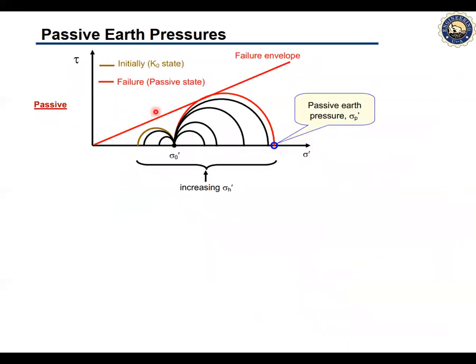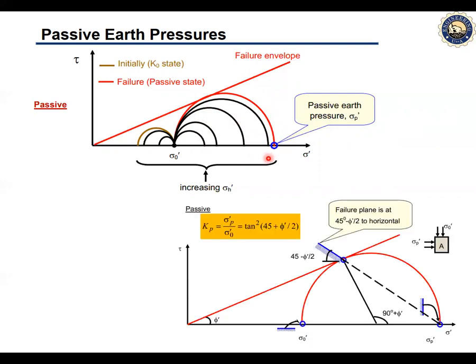On the other hand, for the passive earth pressure, this is the initial stress, just as we said previously for the active pressure. If the wall starts to move towards the backfill, this circle is going to increase, the sigma h will increase, and at one stage it will reach the failure circle or the failure envelope, and at that stage we say it is a passive earth pressure.